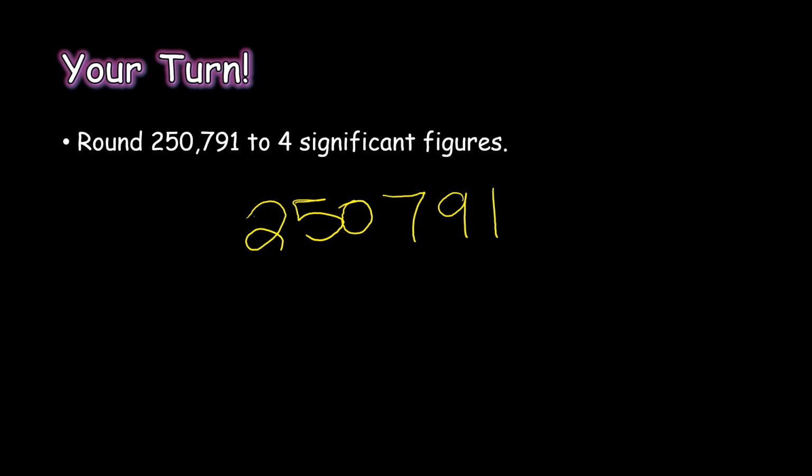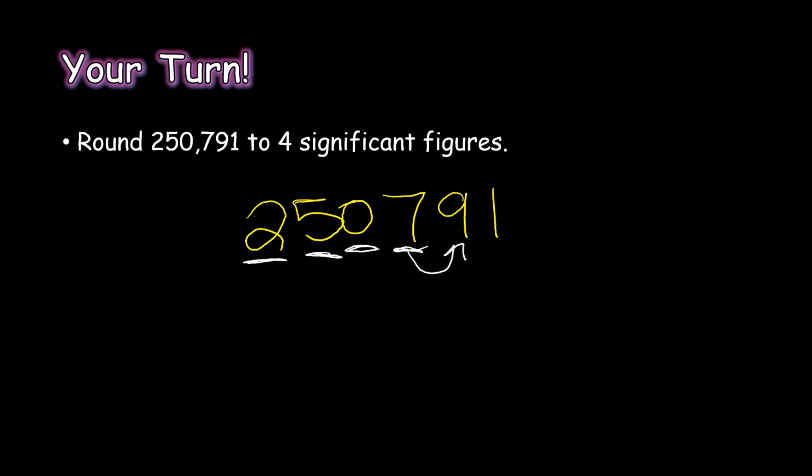So we want to start from the leftmost side and count from 1, 2, 3, 4 significant figures. So we have 1, 2, 3, 4. Now it's asking us to round, therefore rounding rules apply, and since 9 is telling us to round up, therefore the 7 will be rounded to an 8.